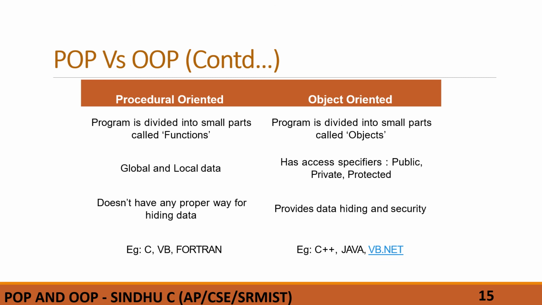As I told, everything is visible to any function that is calling. And here, because we have these access specifiers, public, private, and protected, data hiding is very secure. Common examples in procedural oriented language are C, Visual Basic, Fortran, and in object oriented programming language, C++, Java, Visual Basic .NET. So these are some examples.